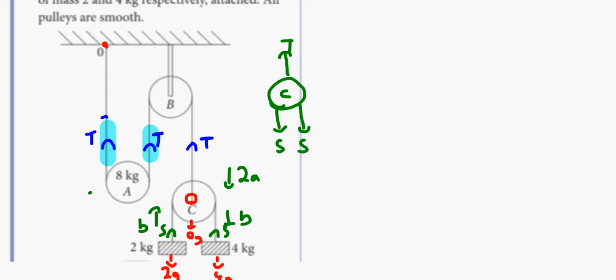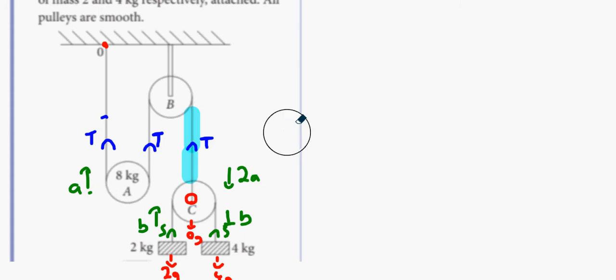So, if A goes upwards with acceleration a, it gives up this much rope, which ends up being transferred to pulley C, which then ends up dropping. It's interesting to show that it has twice the acceleration. Now, please remember, it has 8g going downwards.